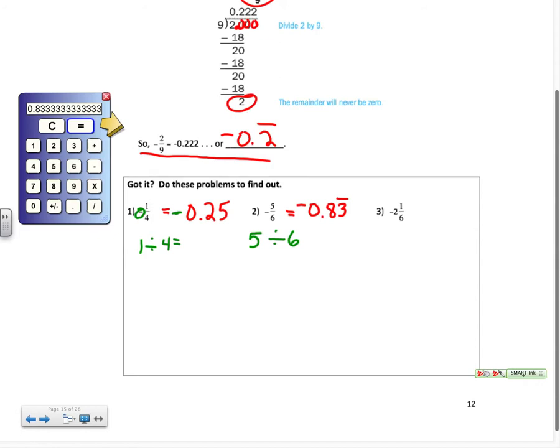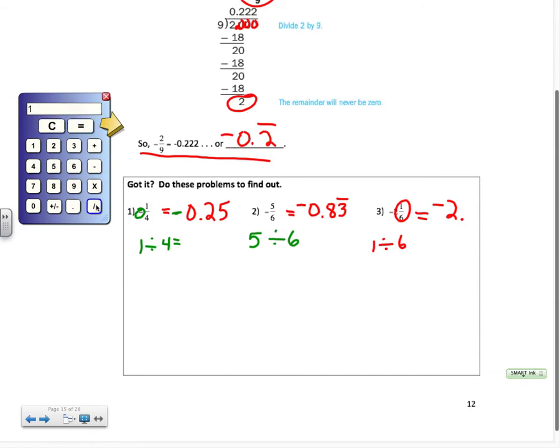Okay. The last one, what kind of number is this? Paul, come on up. Mixed number, because we have a whole number and a fraction part. So in part of our answer, our whole number goes in the ones place. We're going to keep that whole number. Now we can work with the fraction part. So on your calculator, do 1 divided by 6.